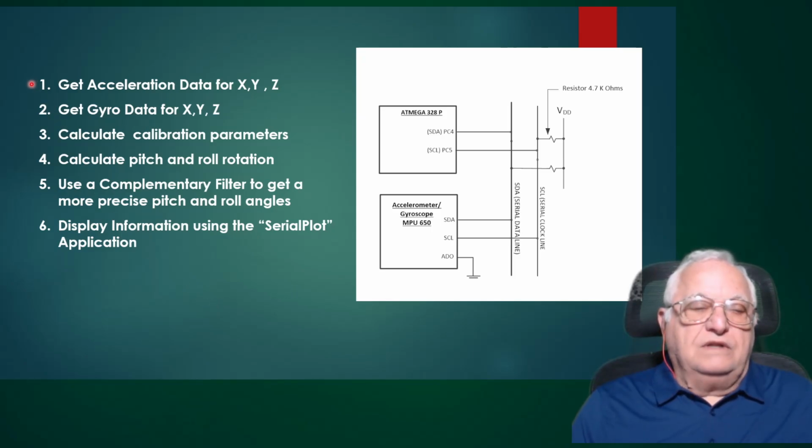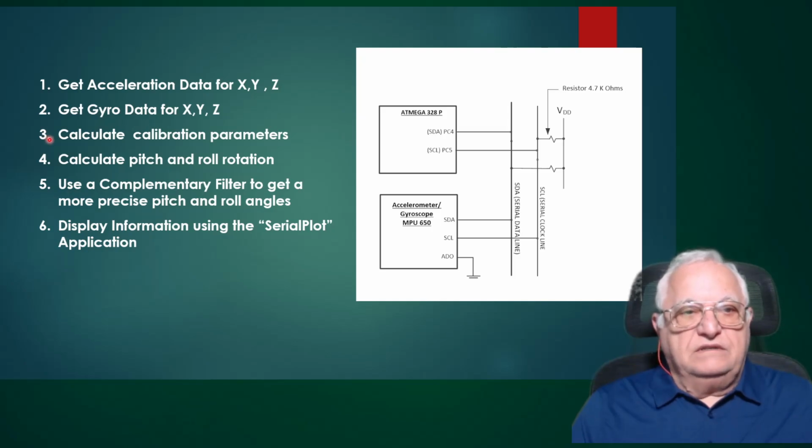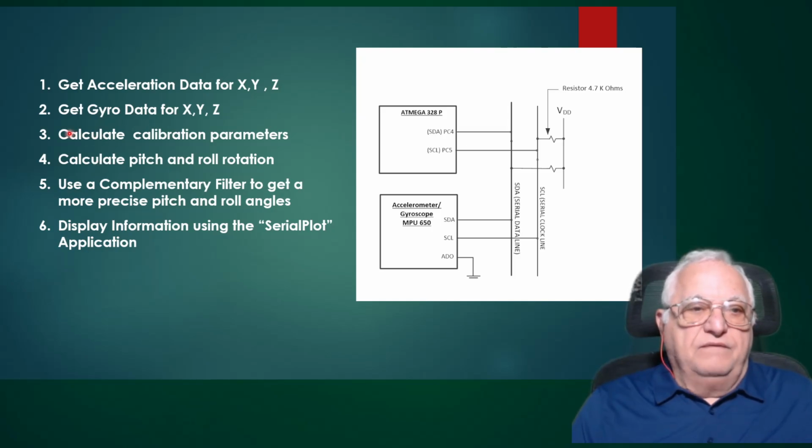So what do we want the program to do? First, we want to get the acceleration data for the X, Y, and Z axis. Next, we want to do the same thing for the gyro data. Once we get those parameters, we want to calculate the calibration parameters. Once we've figured out the calibration parameters, we want to calculate pitch and roll.